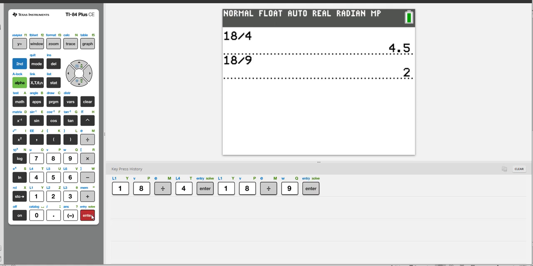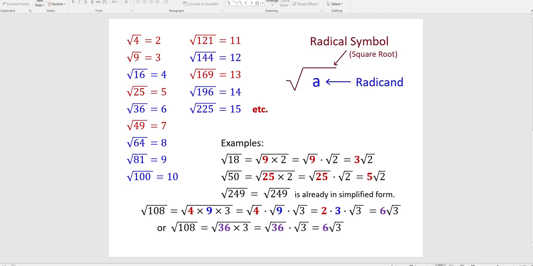Press enter. This gives us 2. Therefore, 9 and 2 are factors of 18. We split the square root of 18 into the factors of 9 and 2. Now the square root of 9 is 3. Our answer is 3 square root of 2.